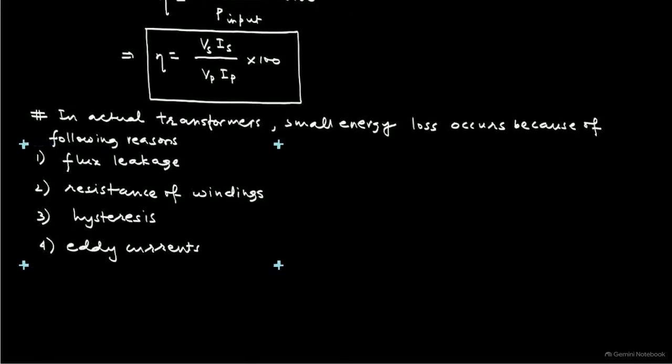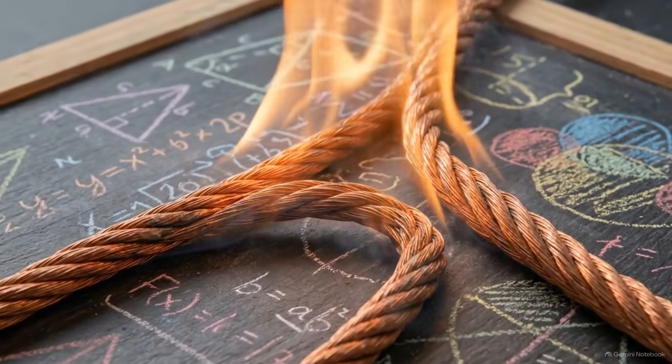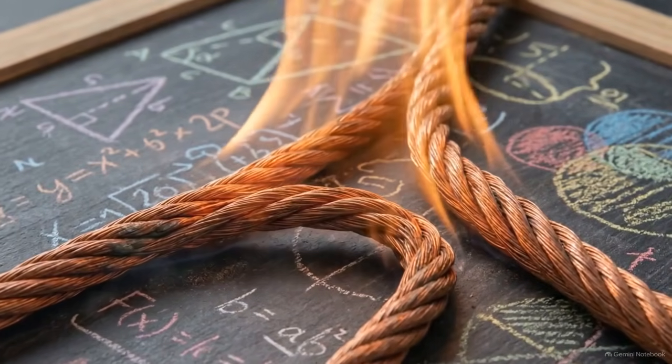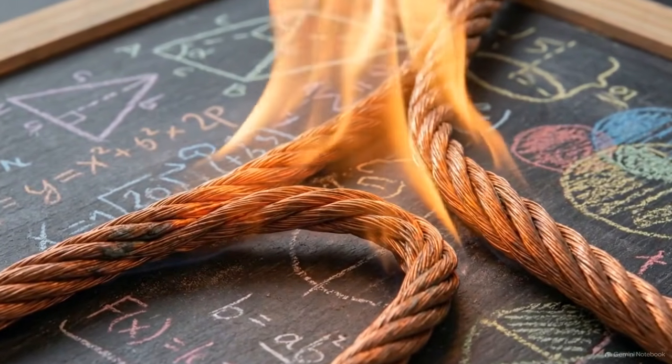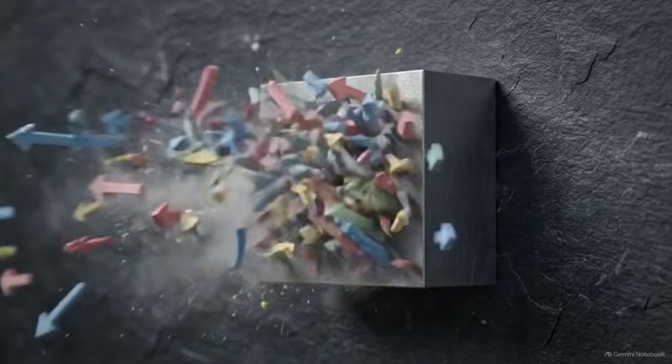The first is flux leakage. No core is perfect, and a small amount of magnetic field escapes the iron before reaching the secondary coil. Second is the resistance of the windings. Copper wire is an excellent conductor, but it still has some resistance, which converts current into waste heat. Third is hysteresis. The alternating current constantly reverses the magnetic alignment of the iron core.